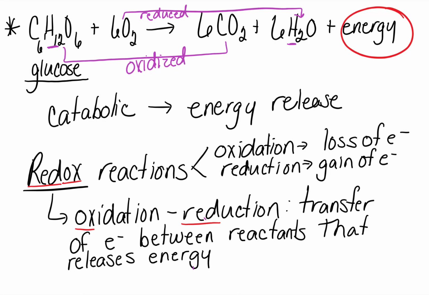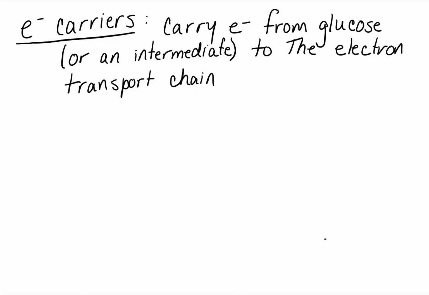Now, this isn't a direct transfer of electrons from glucose to oxygen. There are intermediates in these redox reactions that are called electron carriers, and that's the concept that we're going to review next. The role of an electron carrier is to carry electrons from glucose or a glucose intermediate, an intermediate that is generated in the breakdown of that glucose molecule, to the electron transport chain.